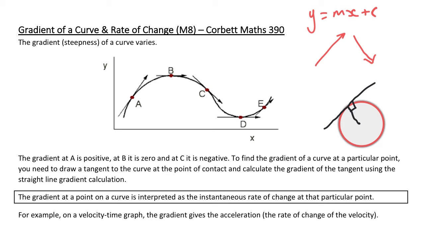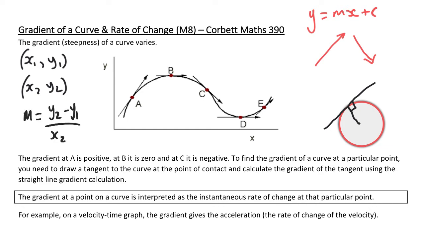Now, if you remember, if we had 2 points, (x1, y1) and (x2, y2), the gradient, which is still represented by the letter m, is y2 minus y1 over x2 minus x1, and we sometimes talked about the rise over the run.